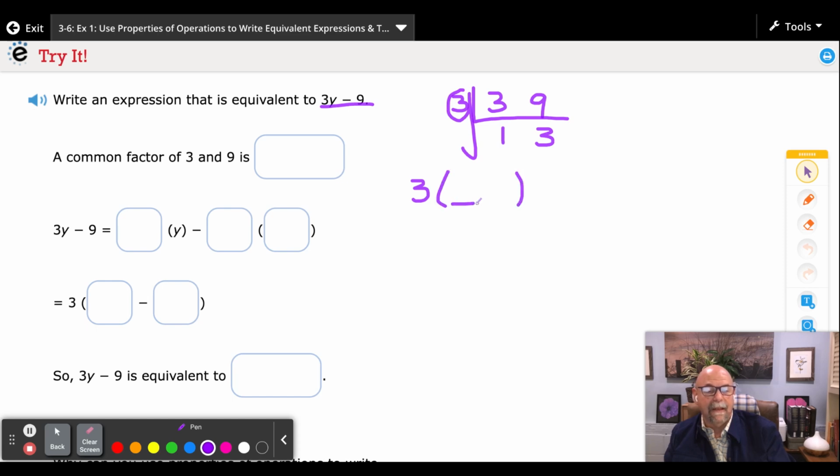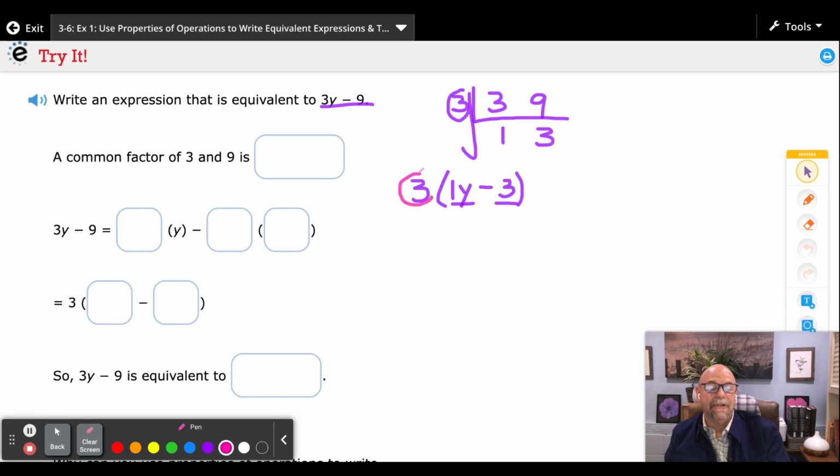And especially in the beginning, I like to just put in these blanks so I know what I'm doing here. Now, what has to go inside? Well, I can bring over my subtraction sign too. There's a number and a variable here and a number here. Well, here they are. I have 1 and then the y here and then the 3. So that if I wanted to check my work, right? If I wanted to say, hey, is this correct?